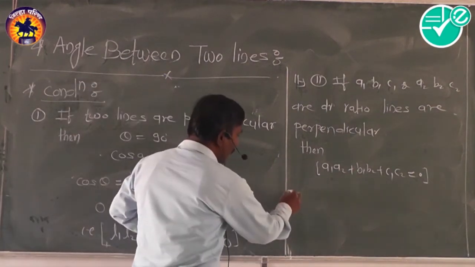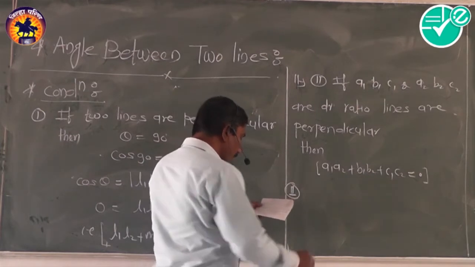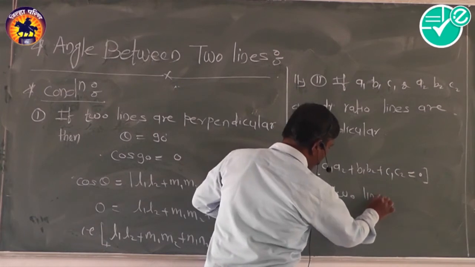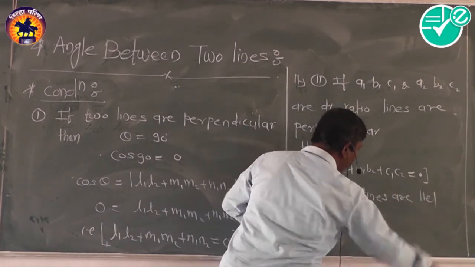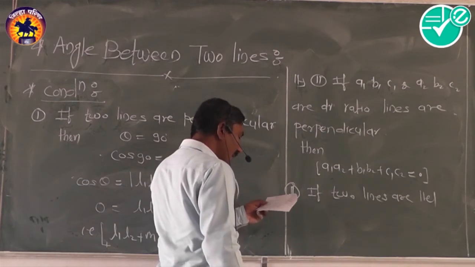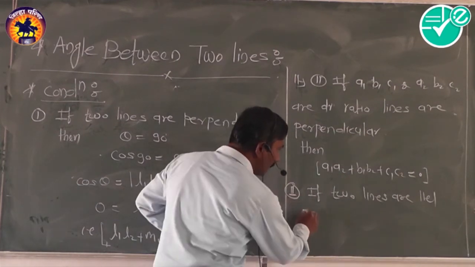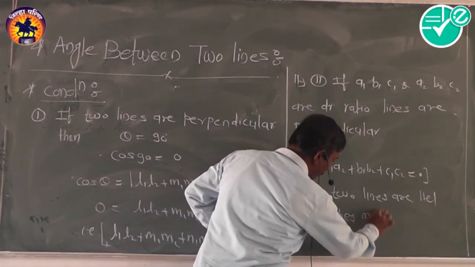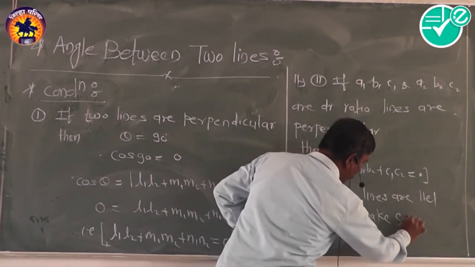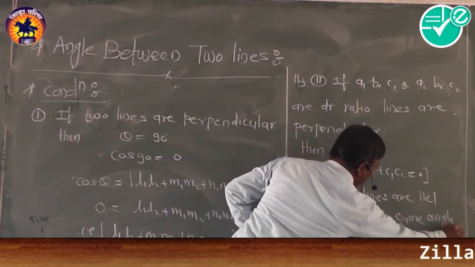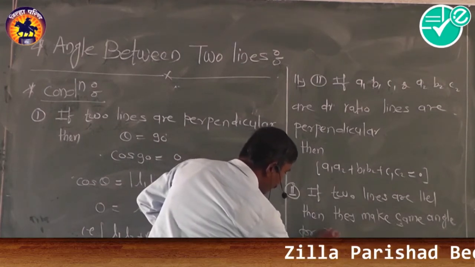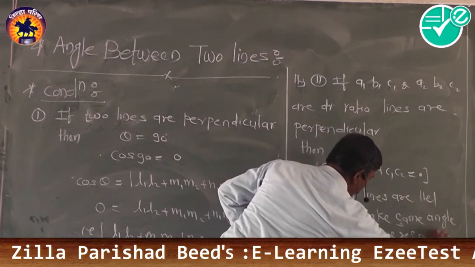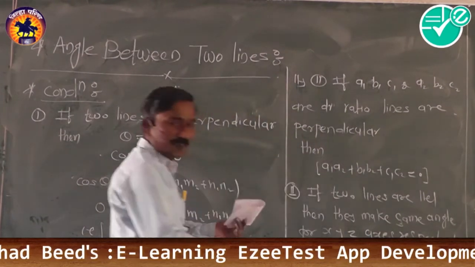Now next, parallel. If two lines are parallel, then they make the same angle with the x, y, z axes respectively.